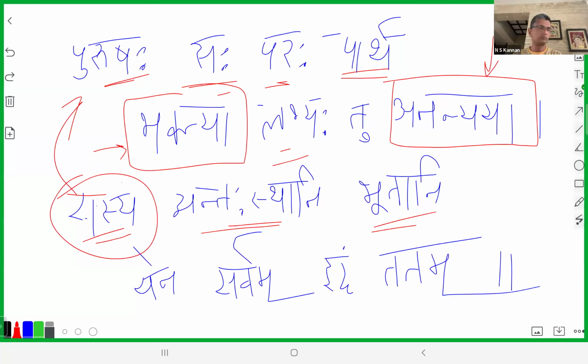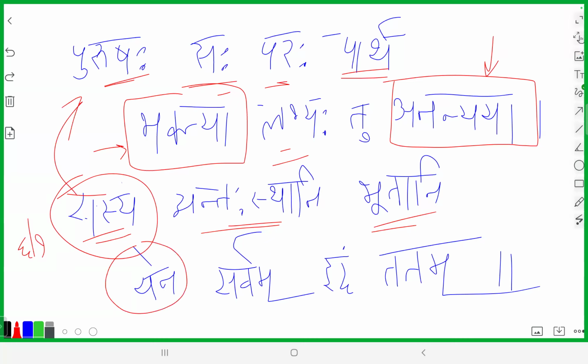Yasya antastani bhutani, yasya shashti vibhakti bhav ekavachanam, no? Yes. And by whom, yena sarvam idam tatam. By whom everything is being made, everything is being stretched.